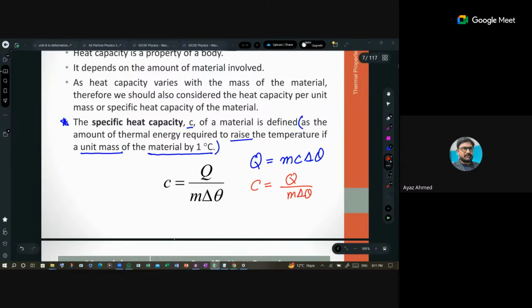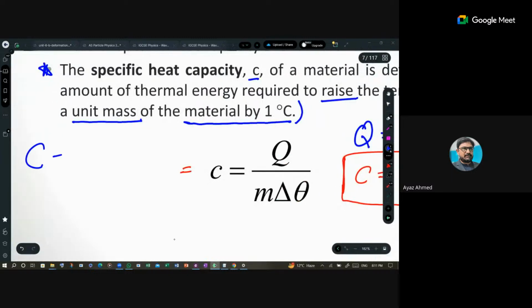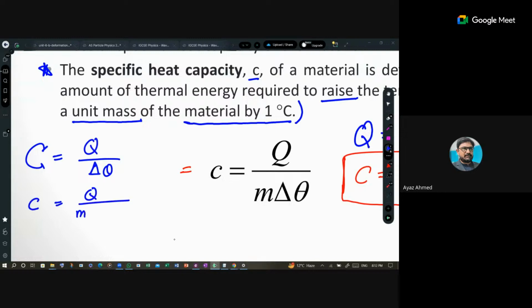Check this one out. I had capital C equal to Q divided by delta theta. This is capital C, and I have small c equal to Q divided by m delta theta. What is the difference between these two? I can say small c is capital C divided by m.